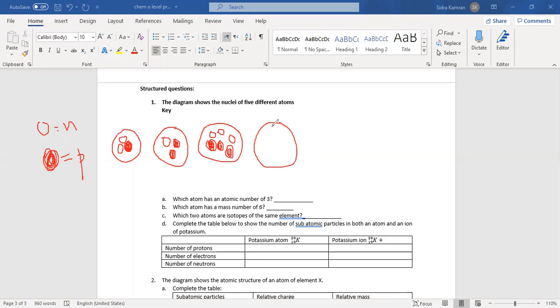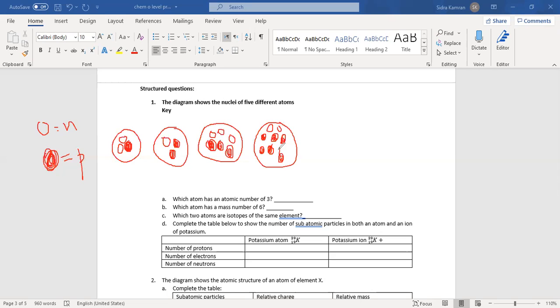Fourth one: six protons, bold ones, and five neutrons.